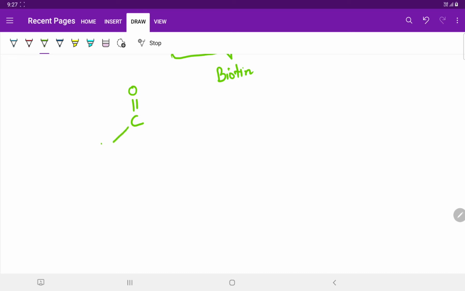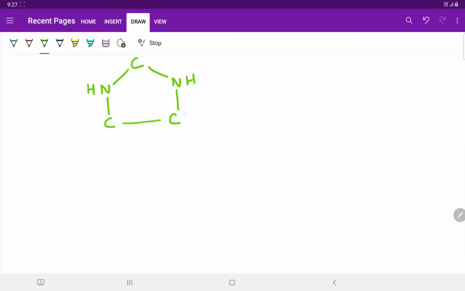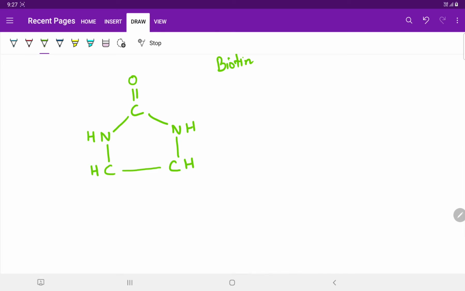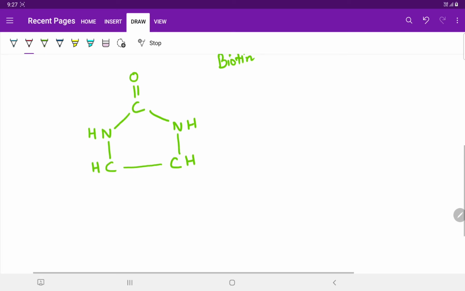So we all know that imidazole is a nitrogen containing 5-membered heterocyclic ring. Students, this is the structure of the imidazole ring, whereas it will be joining with the sulfur containing thiophene ring.